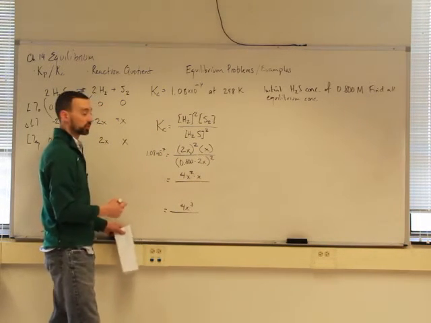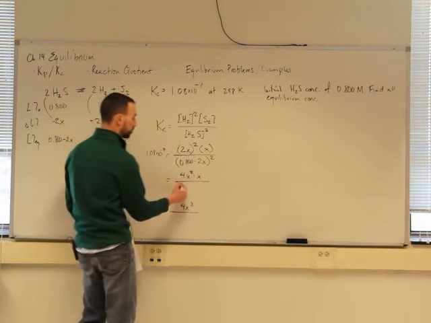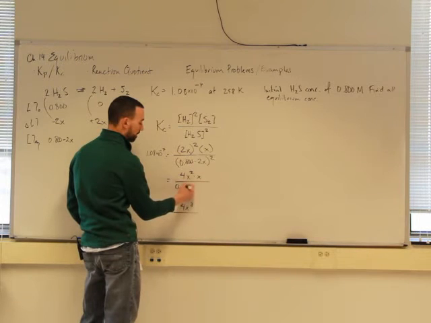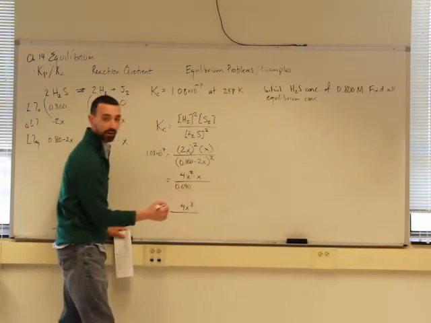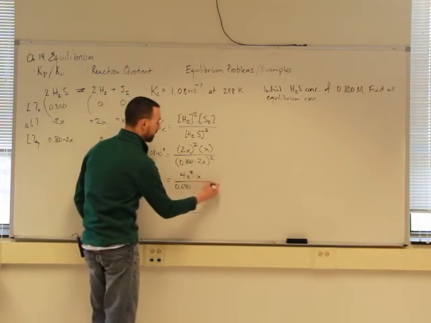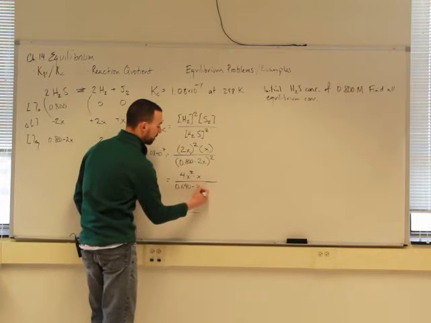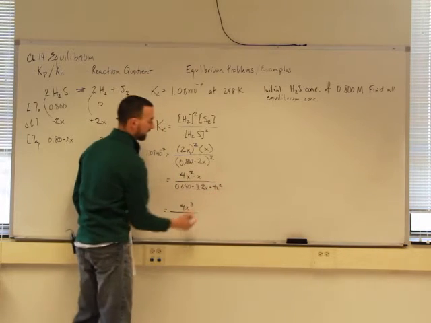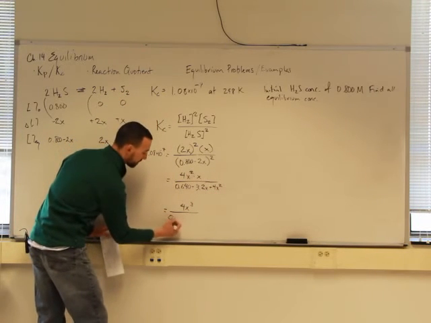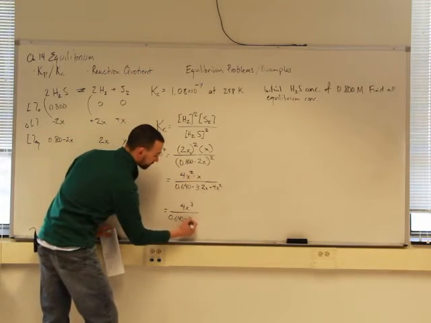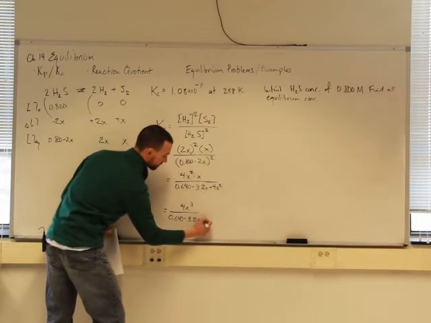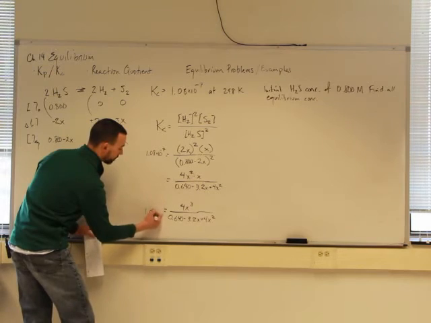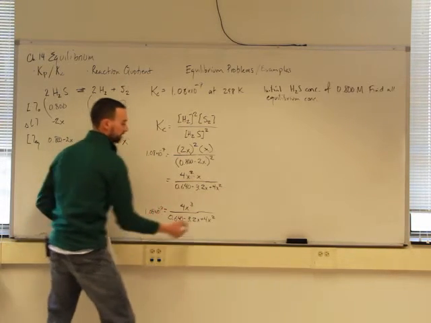The denominator is where I really get into trouble though. I've got to square this binomial out, right? Remember your FOIL method? First, outer, inner, last. So I'm going to get 0.64 minus 3.2x plus 4x squared as my denominator. All that's still equal to the 1.08 times 10 to the minus 7.